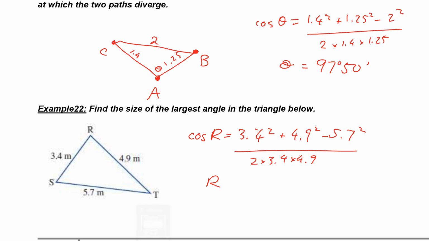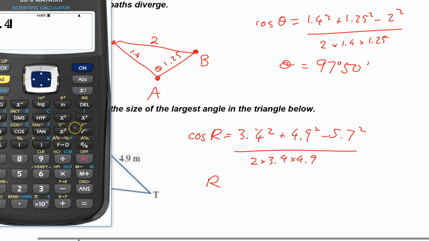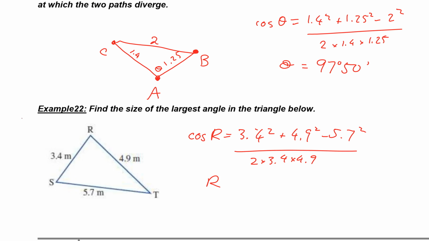That means 3.4 squared plus 4.9 squared minus 5.7 squared, divided by 2, divided by 3.4, divided by 4.9. We get this. Now the second function cos of that is 84.42 degrees.